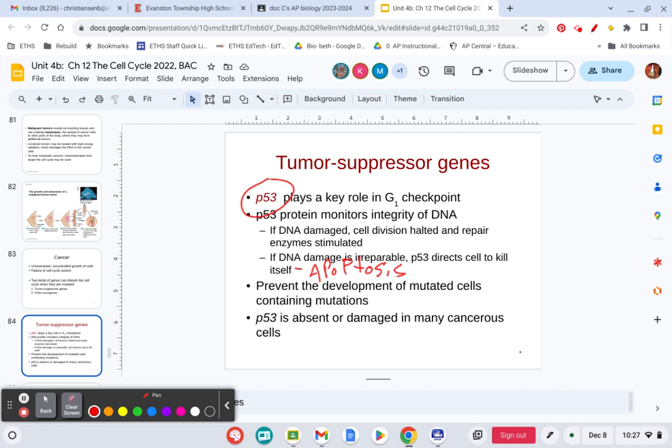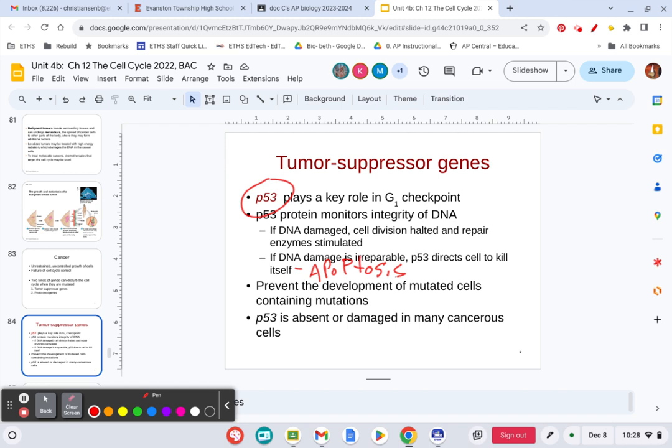Just because a cell is damaged, it's not at that point cancerous, right? And it could still go forward, but over time, if enough of those mutations, those alterations add up, it could add up to a point where those cells now are going to be a problem.